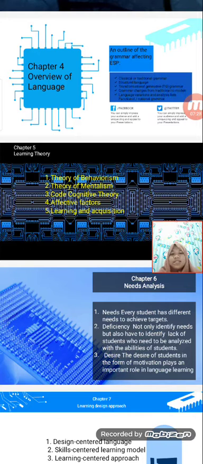The second is differentiation, not only identifying needs but also having to identify the lack of the student, who needs to be analyzed with the abilities of the student. The last is desire of the student in the form of motivation, which plays an important role in language learning.